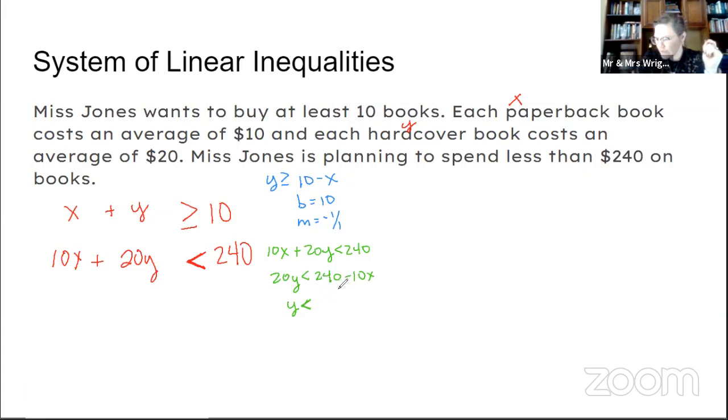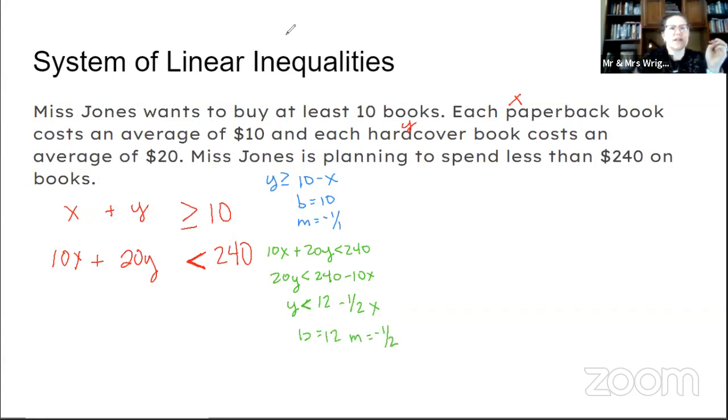So 240 divided by 20 is going to be 12. And then 10 divided by 20 is going to be -1/2 X. So I can see that B is going to be 12 and M is going to be -1/2.